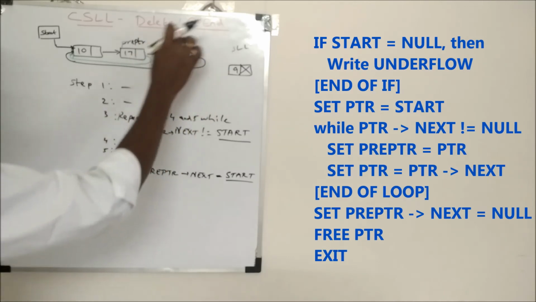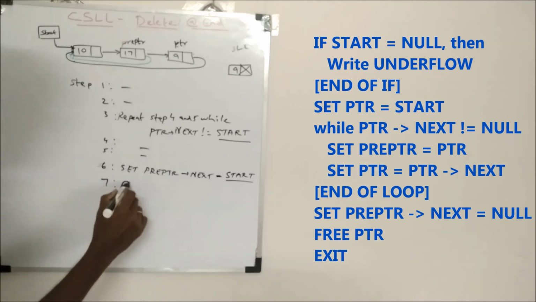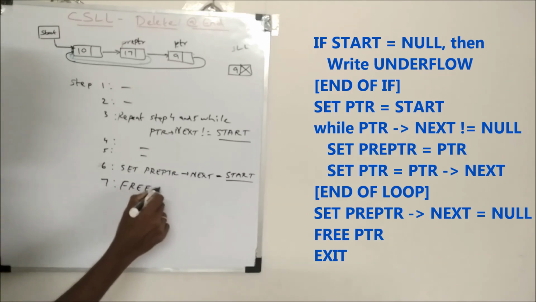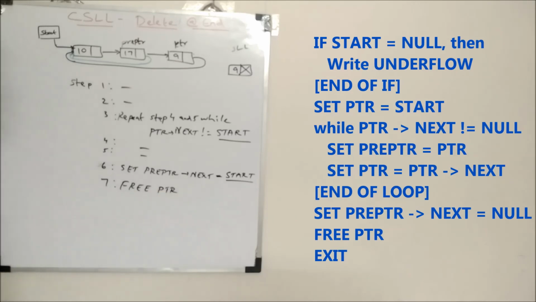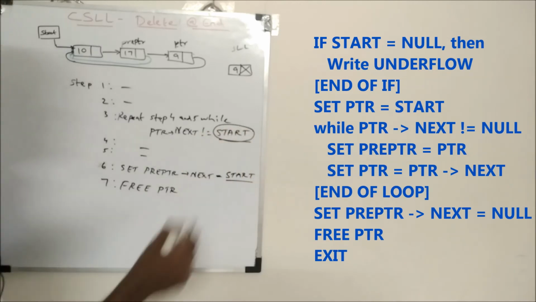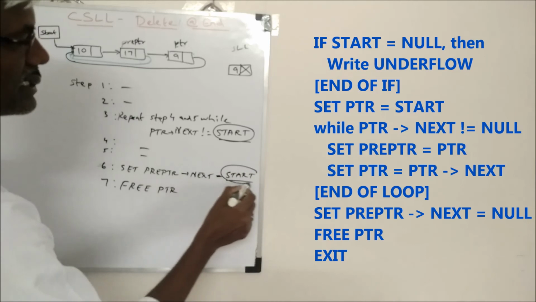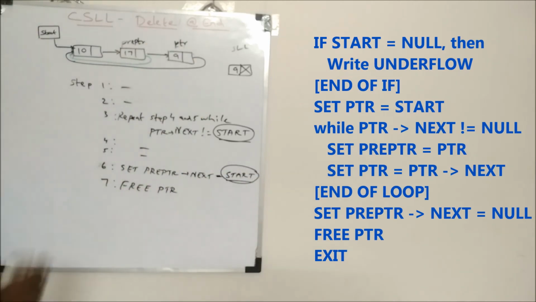We just deallocate the memory, similar to singly linked list. I just free the PTR. So what are all the changes here? Instead of null we make it start, and here also instead of null we make it start. This is the deletion of a node at the end of a circular linked list.